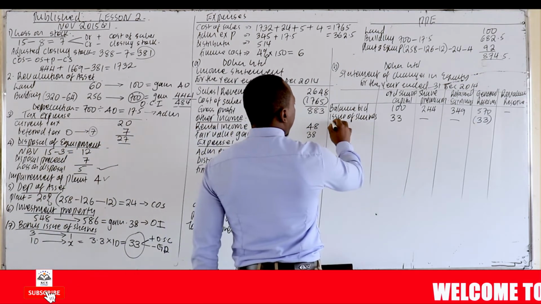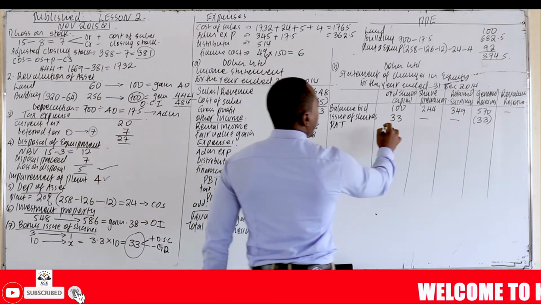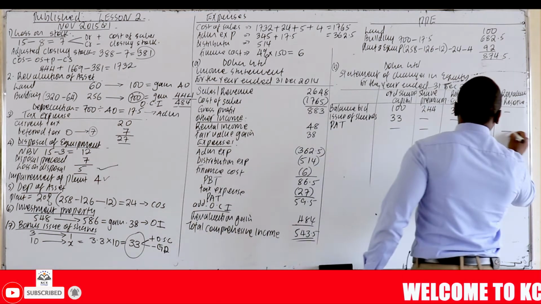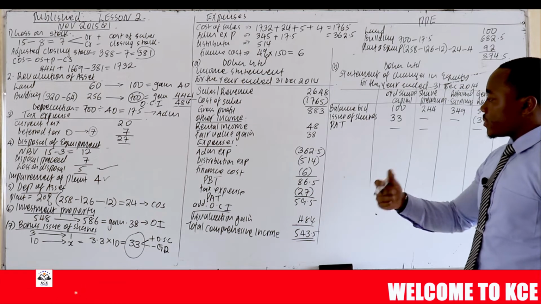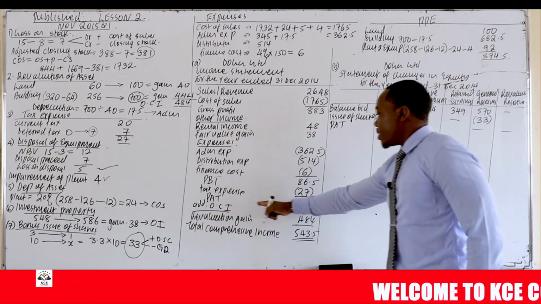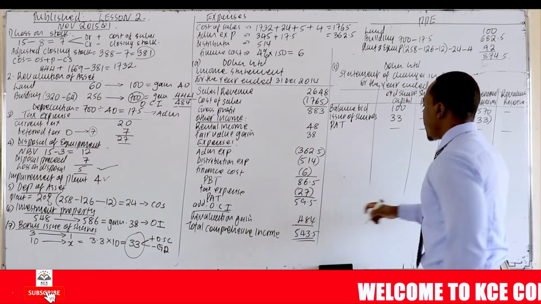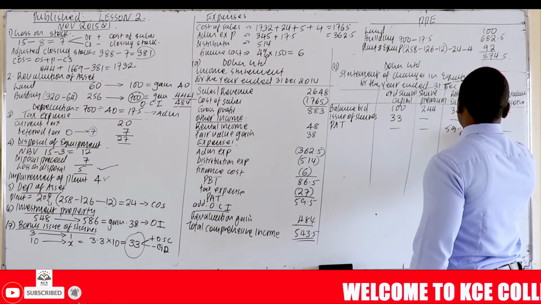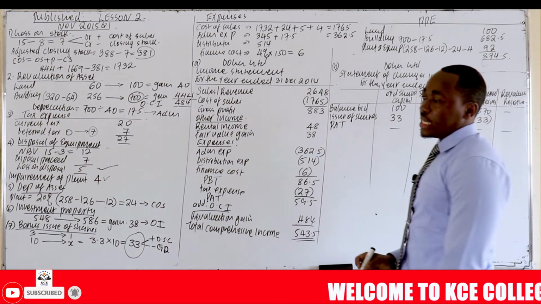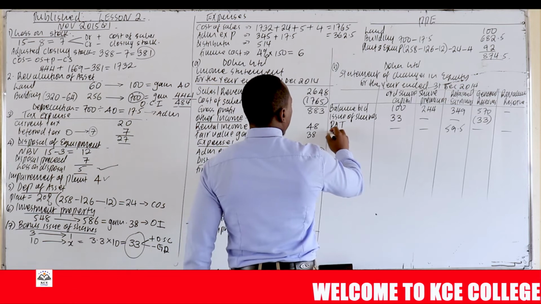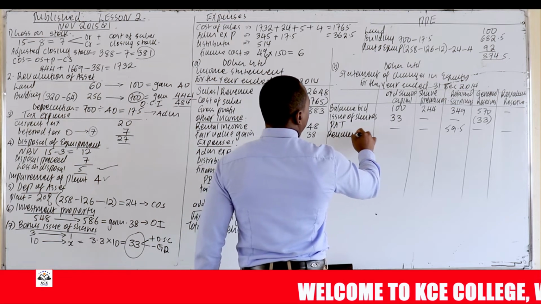Then you also factor in the profit after tax. Profit after tax, we say that will affect the retained earnings. And the profit after tax for the year was 59.5. Then there was also revaluation gain.